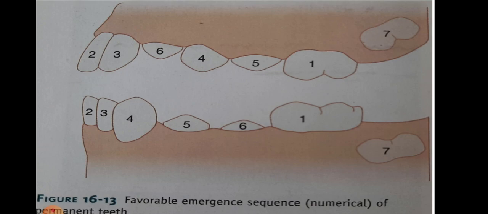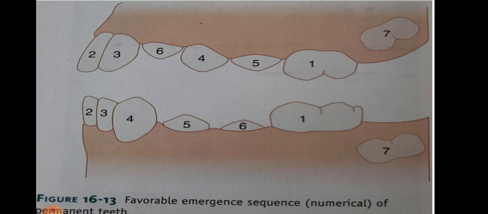First is the permanent first molar, then the central incisor, followed by the lateral incisor, the first premolar, the second premolar, the canine, and then the second molar in the maxilla.